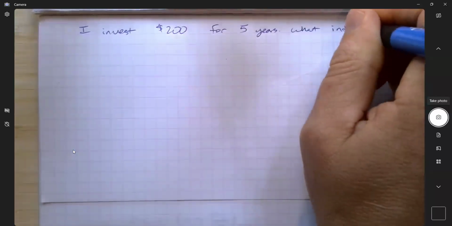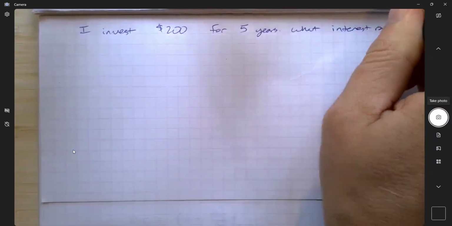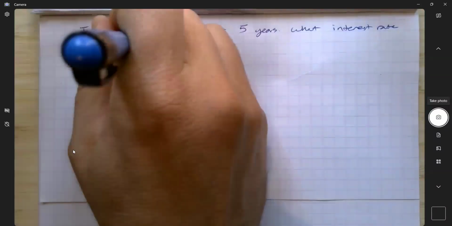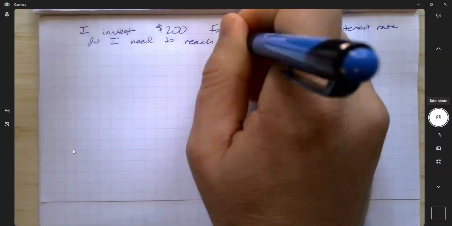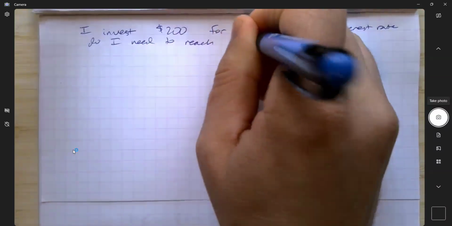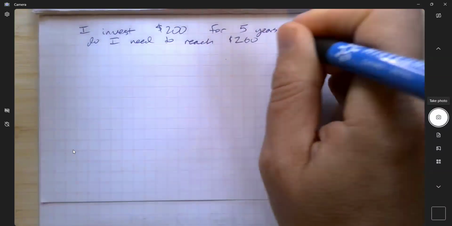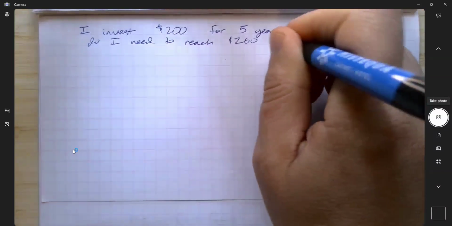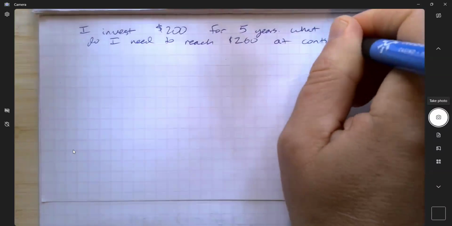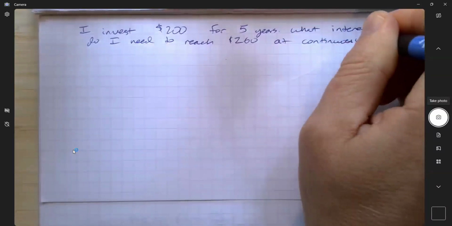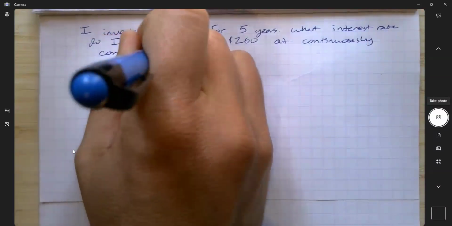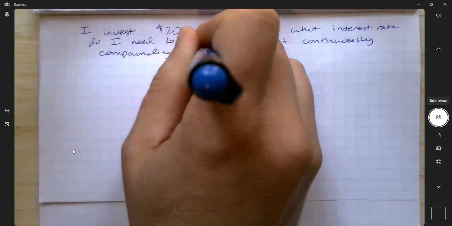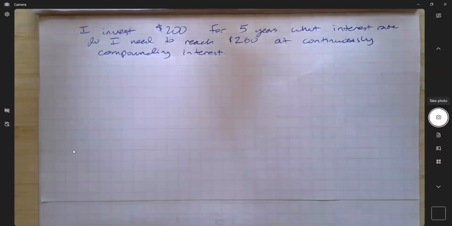What interest rate do I need to reach $260 at continuously compounding interest? So again, we start by asking what sort of equation am I working with?